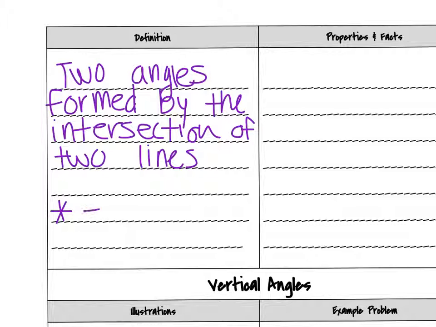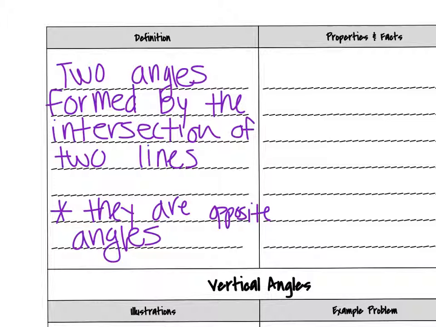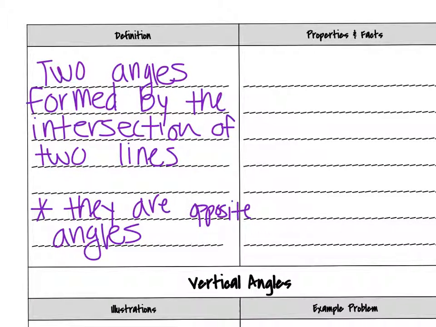You can also think of it as they are opposite angles. So, vertical angles are two angles formed by the intersection of two lines and they're opposite from each other. So they're not adjacent.